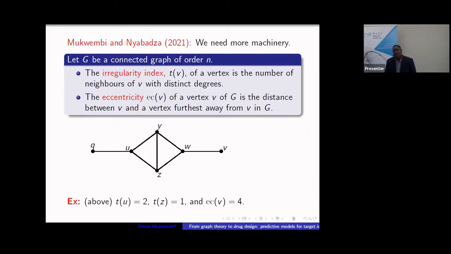Now, of special interest are those vertices that sit in the graph that behave like outsiders. They have only one link, unlike everyone else. So these vertices are vertices with degree 1. For instance, in the picture, your Q and your V are vertices of degree 1. They are kind of outsiders, kind of external vertices.